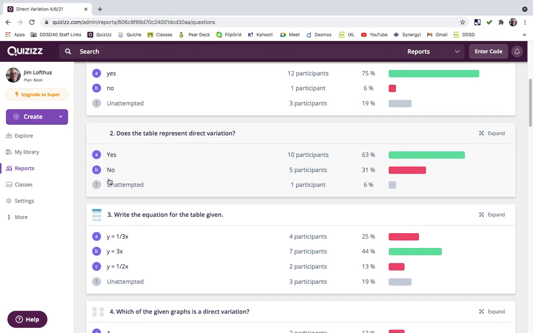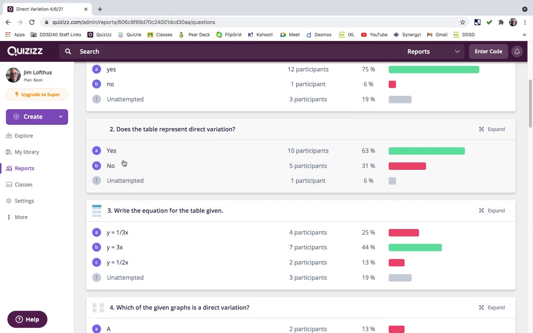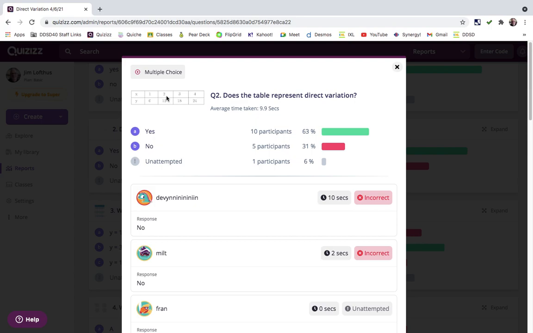Number 2, does the table represent direct variation? There's no picture of this table here, so we can't really, oh, there's the table. So it has 1, 6, 2 and 12, 3 and 18.